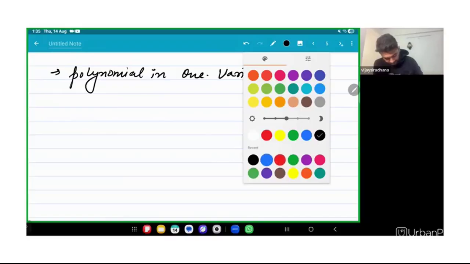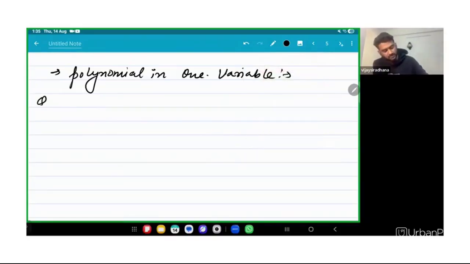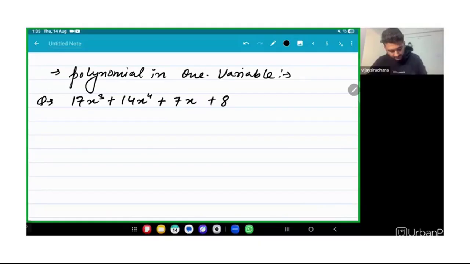Let's see the questions and break each and every equation accordingly. 17x cube plus 14x to the power of 4 plus 7x plus 8.